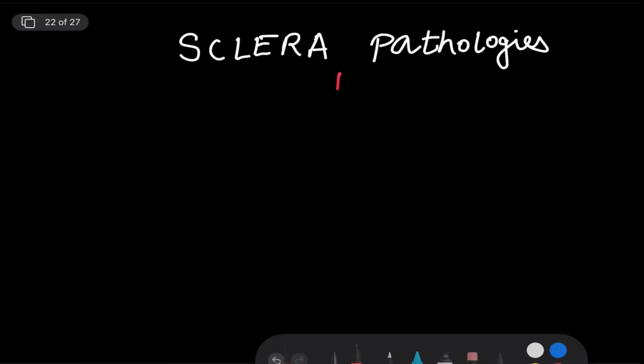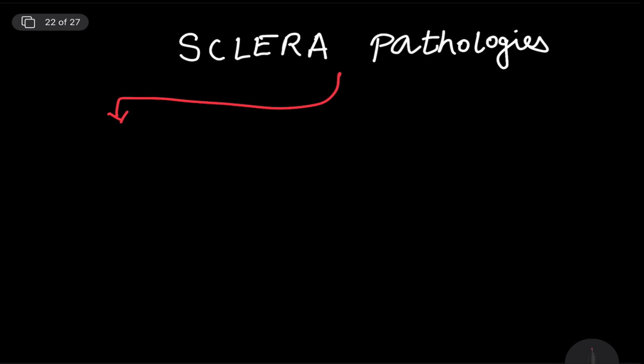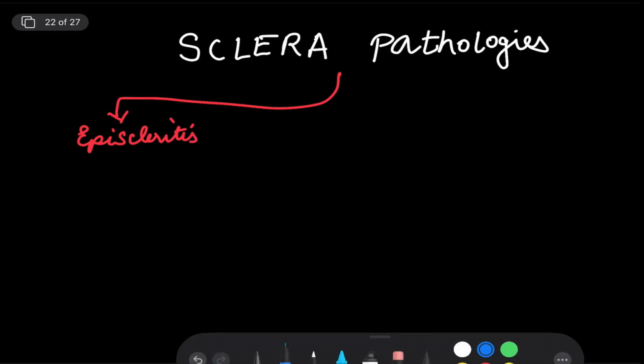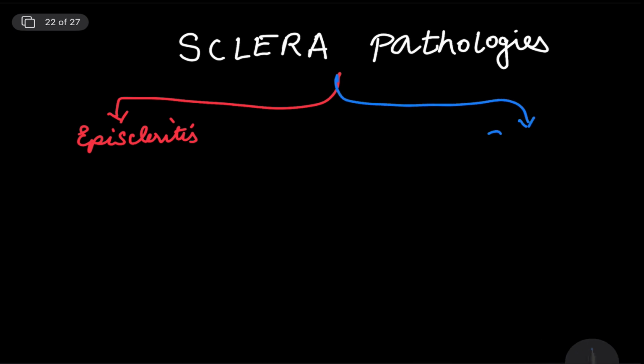What are the scleral pathologies that we will be talking about? Episcleritis and scleritis. I have intentionally used red and blue to denote episcleritis and scleritis respectively, as we will explore subsequently.